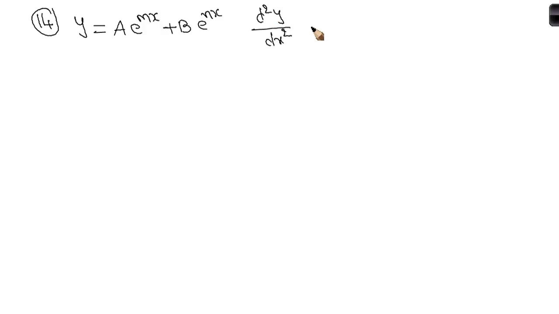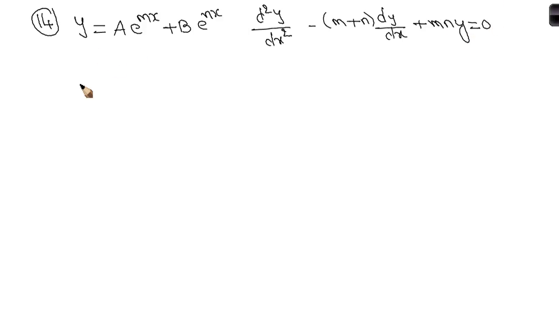The fourteenth question was, if y is equal to a into e power mx plus b into e power nx, then I need to prove d square y by dx square, that is y2, minus m plus n into dy by dx plus mn y is equal to 0.